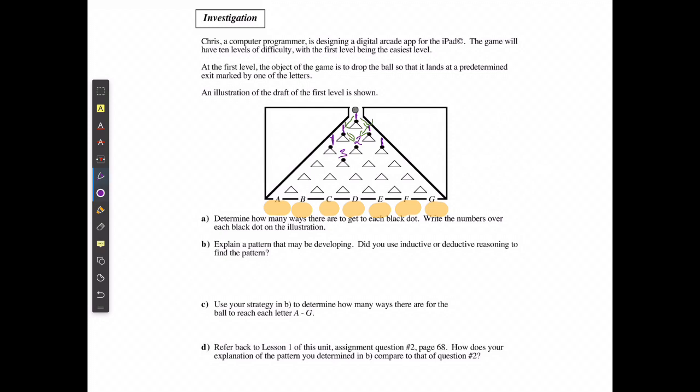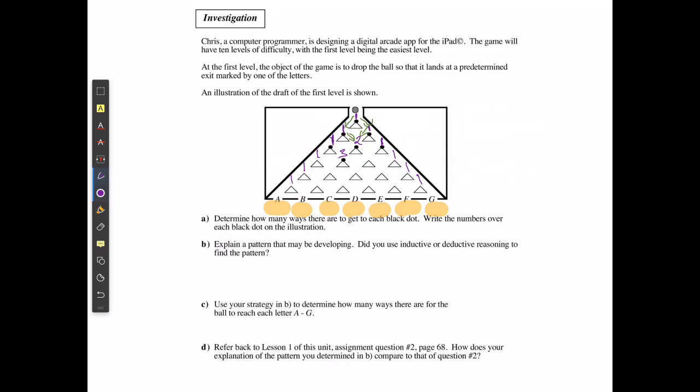Now, if I'm looking at what kind of pattern is forming, well, I know that the ones that are going directly to the sides, there's only going to be one way to get to each of them, because it's just going to have to drop and go straight down to the left, or drop and go straight down to the right. As soon as it veers away from the sides, it can never actually move back up again to get to those points.